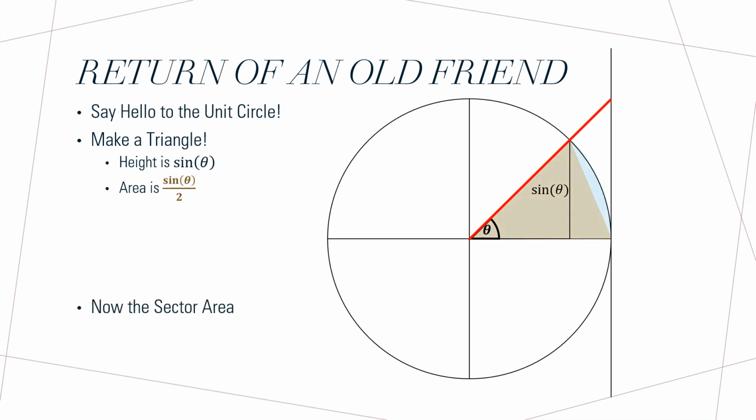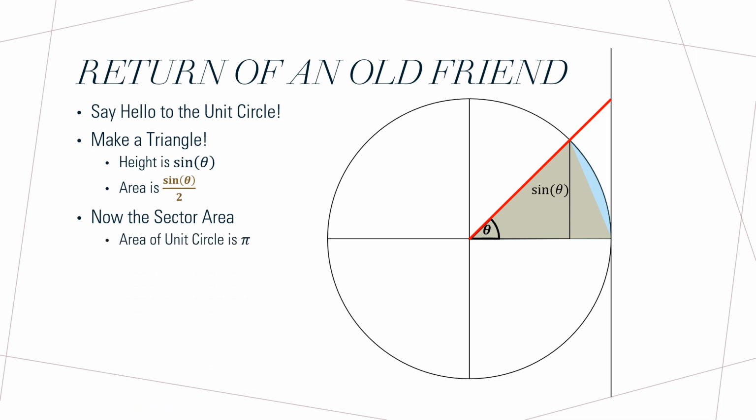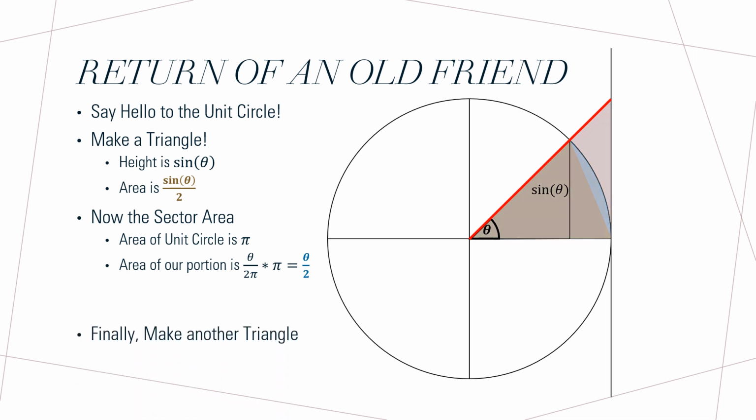Then we can look at the sector of the circle that we are in. And the area of this is proportional to theta. So the area of the unit circle is pi. Our angle is theta over 2 pi, so the area of our sector is simply theta divided by 2.